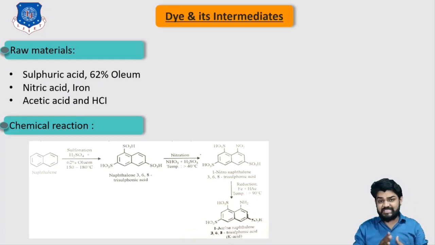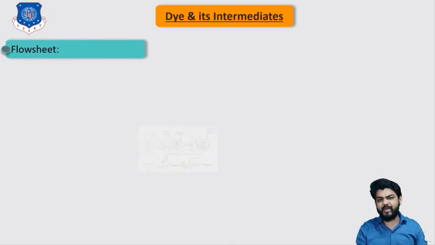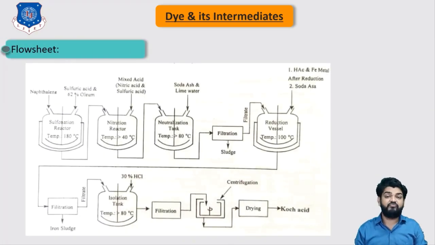Now after understanding this chemical reaction, let's just focus on the flow sheet of the production method of Koch acid. As I have already told you, this is a very similar kind of structure to what we have seen in the H acid. So as you can see here, we are going to require the same type of different vessels made up of cast iron and stainless steel.